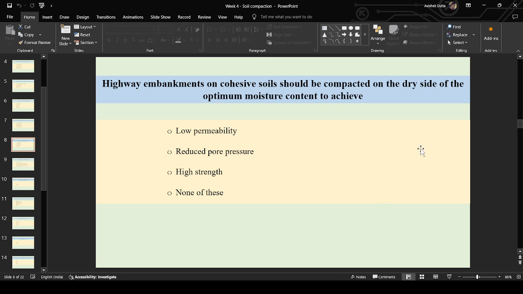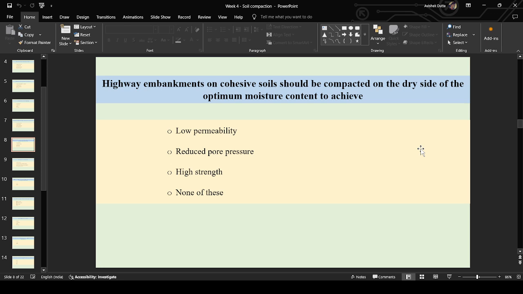Yes. Highway embankments on cohesive soils should be compacted on the dry side of the optimum moisture content to achieve. I repeat, highway embankments on cohesive soils should be compacted on the dry side of the optimum moisture content to achieve.